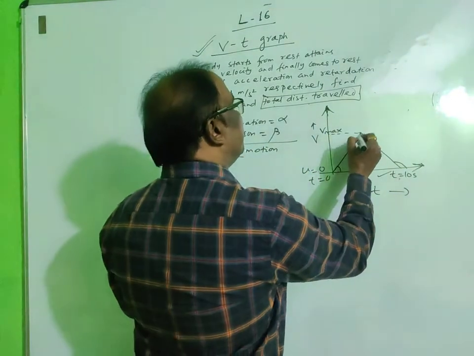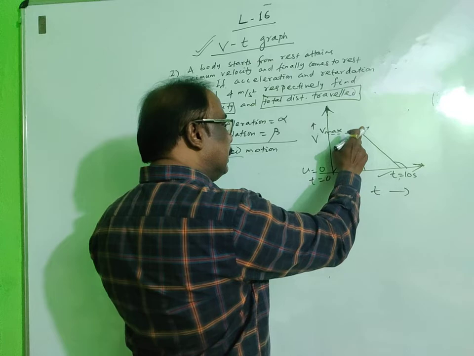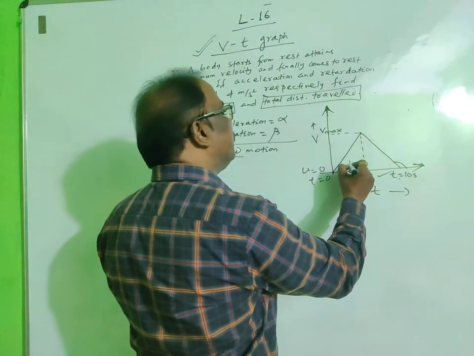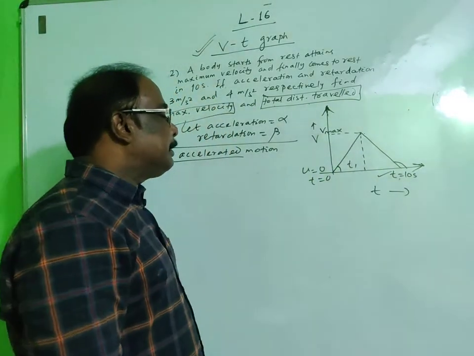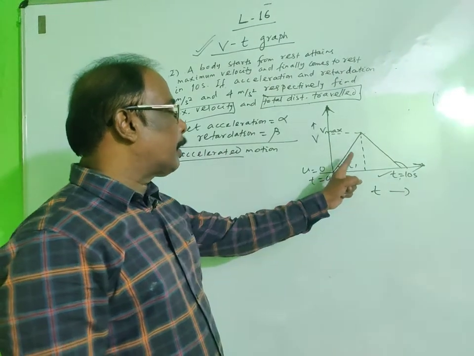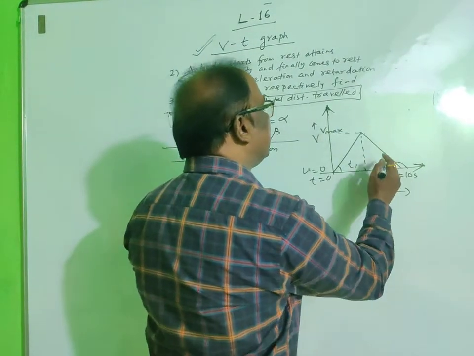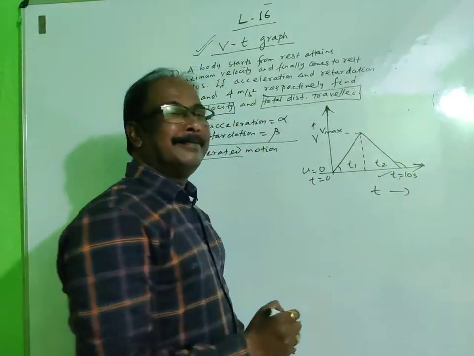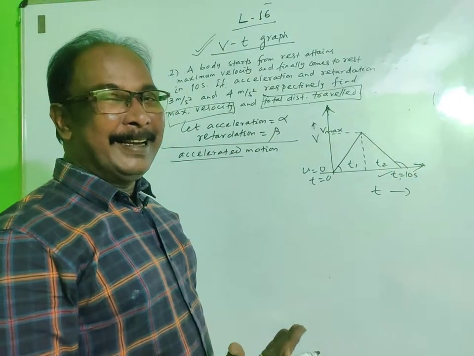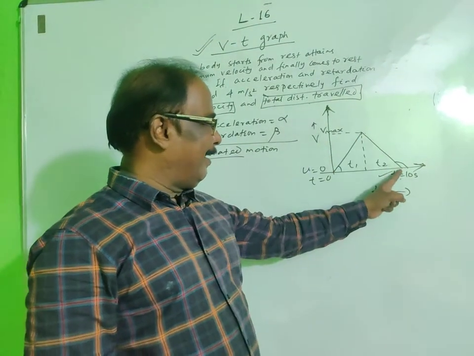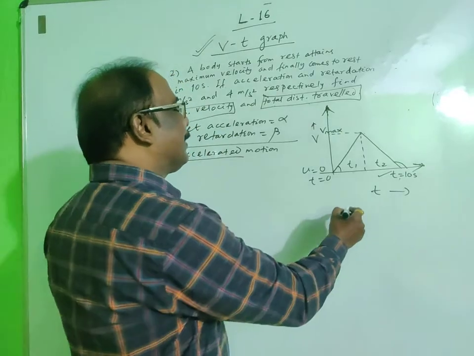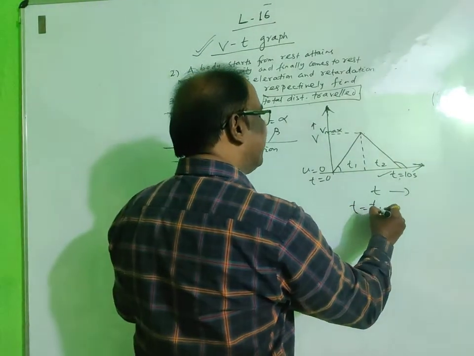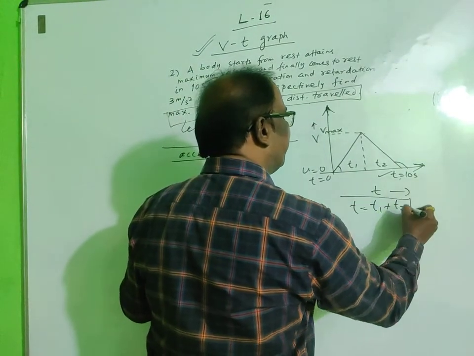Let the body move with acceleration and attain maximum velocity. Let the body be in accelerated motion for time t1, then the motion is retarded, and the time taken in retarded motion is t2. The total time is t, which means t is equal to t1 plus t2.